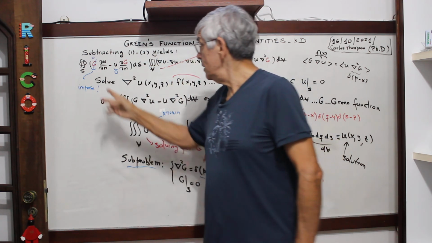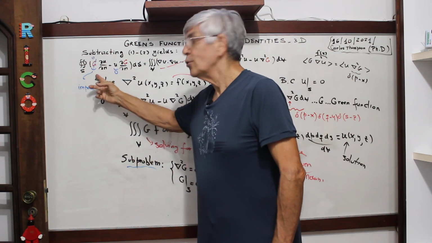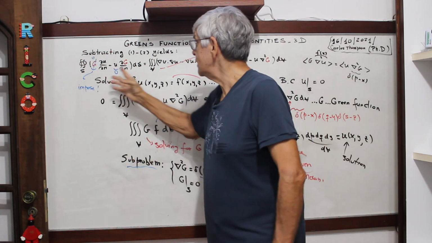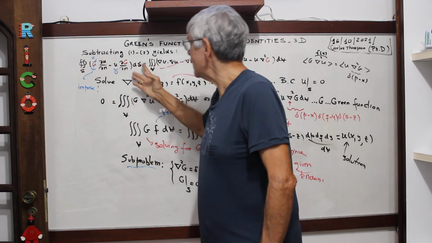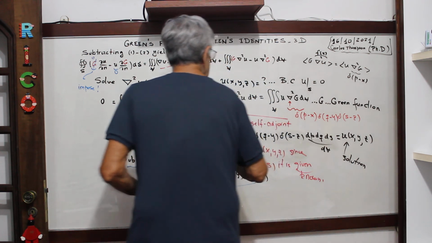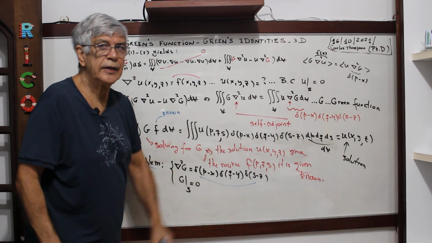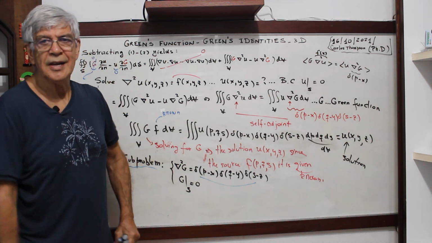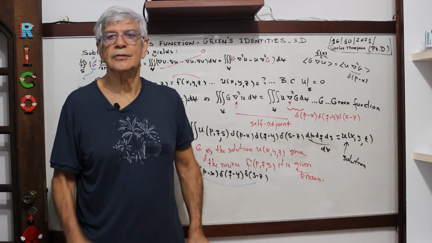You impose G at the boundary S to be 0, just to get the left hand side equal to 0. Consequently, you have a self-adjoint operator. That's a very, very, very important consideration.